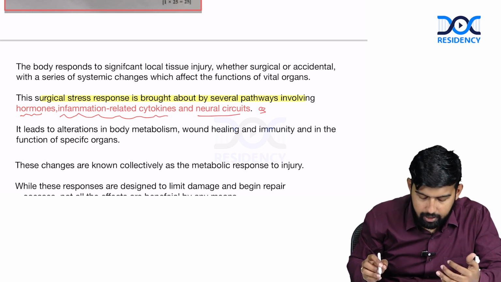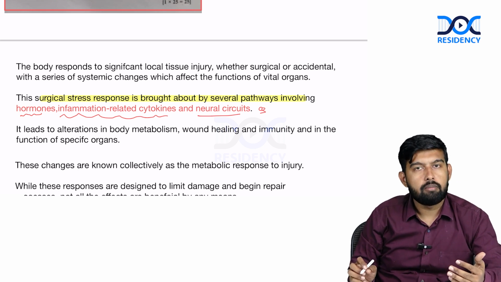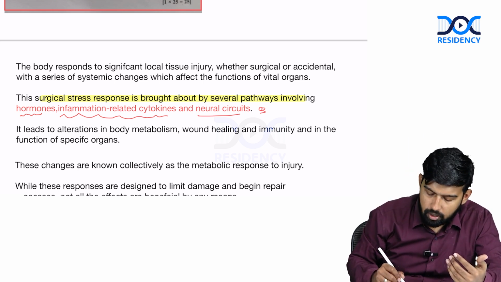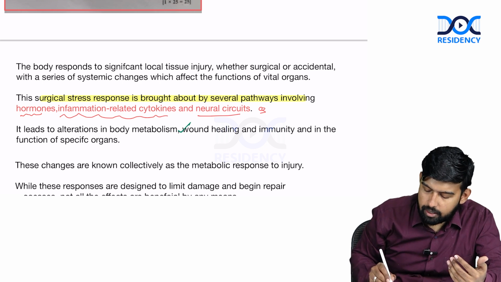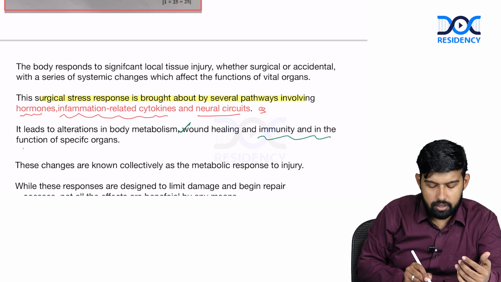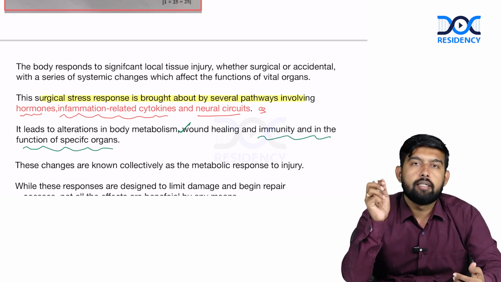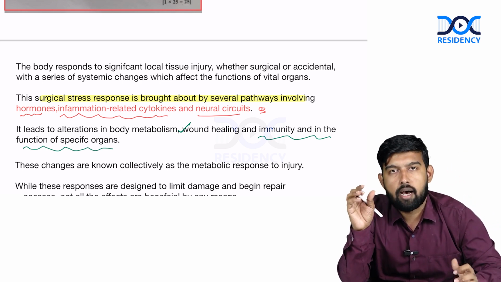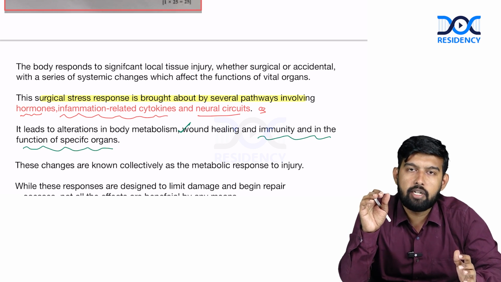And this alteration in the body metabolism causes dysfunction of wound healing or alteration in the immunity, and also affects some functions of specific organs. These changes are collectively known as the metabolic response to the injury.